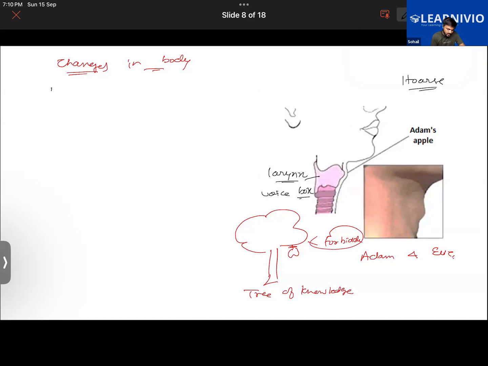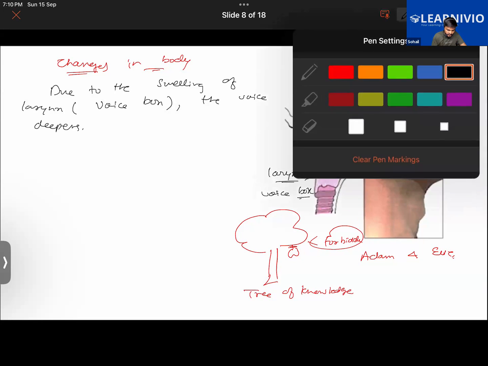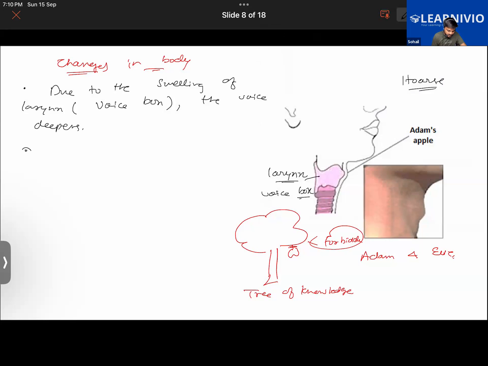Due to the swelling of the larynx, that is the voice box, the voice deepens. Furthermore, when we look at the pitch, the pitch of a boy's sound is low.